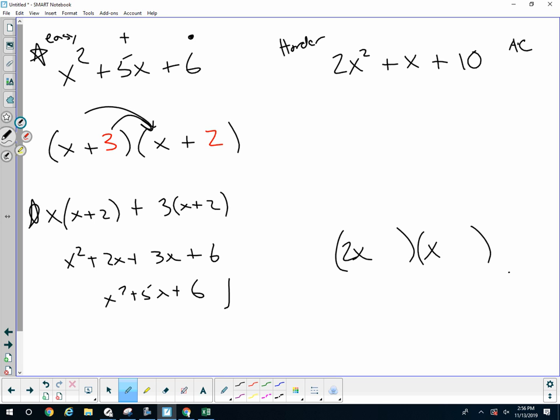Well, it won't manipulate the number at the end, but it will manipulate this middle number. So we have to take that into account. So this is why we're going to take A and multiply it by C to get 20. And then we're going to have B, which is 1. I'm going to turn this into a negative 10, sorry.